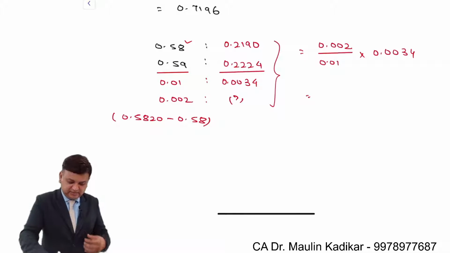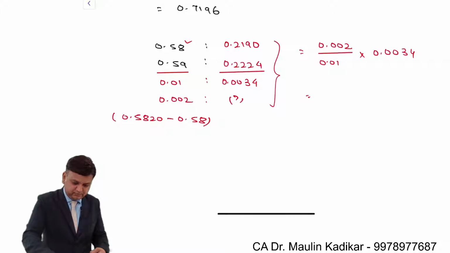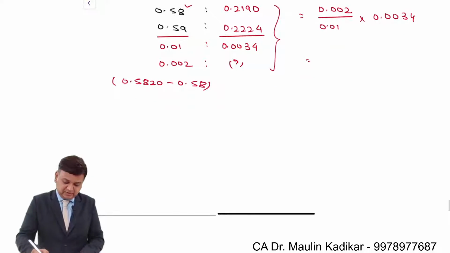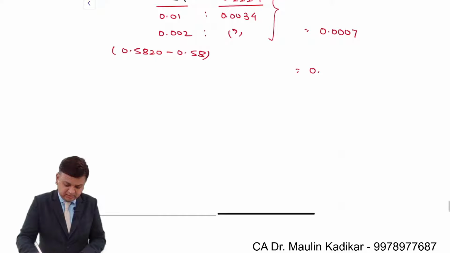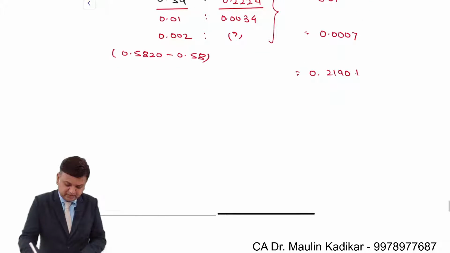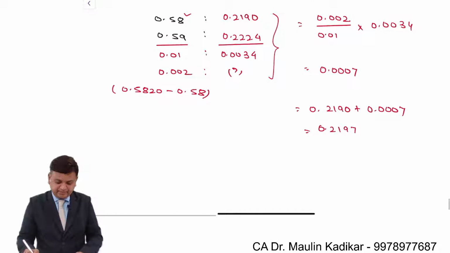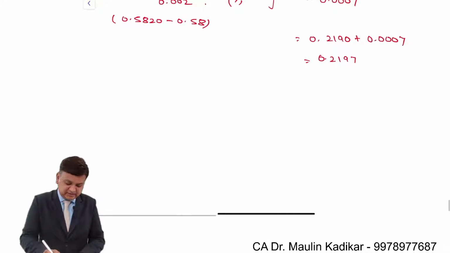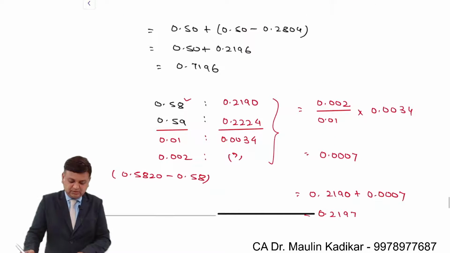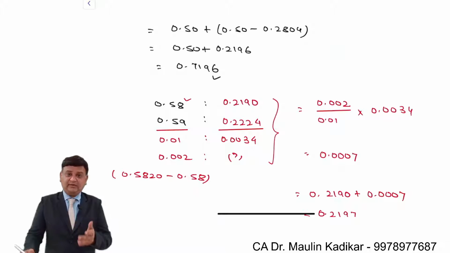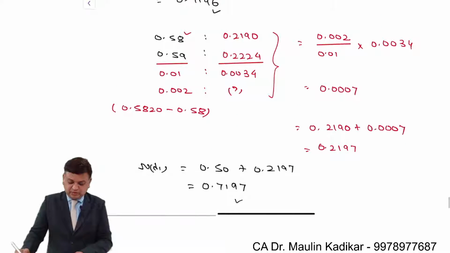The final answer is 0.0007. So it is 0.2190 plus 0.0007, that is 0.2197, and this is the way you will have it. So the N(d1) value finally is 0.50 plus 0.2197, that is 0.7197. So you can see that this is the value that we already obtained, and this is the usual working that we have.